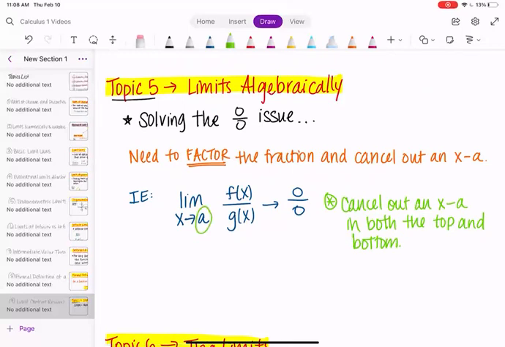If I'm plugging a in for x, I just have to figure out where there's an x minus a inside of those functions. So what you would do, in a case like this, where generally it's one function over another, is factor x minus a out of both of those functions, and then it would cancel, and that would also simultaneously cancel my 0 over 0. So you'll be left with some valid number. It'll either be a number, it'll be infinity, or it'll be 0, but it won't be 0 over 0 anymore. So there's that.